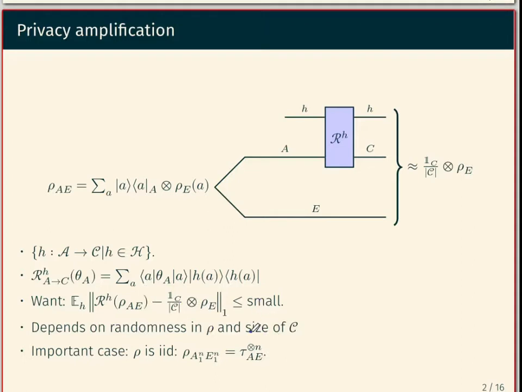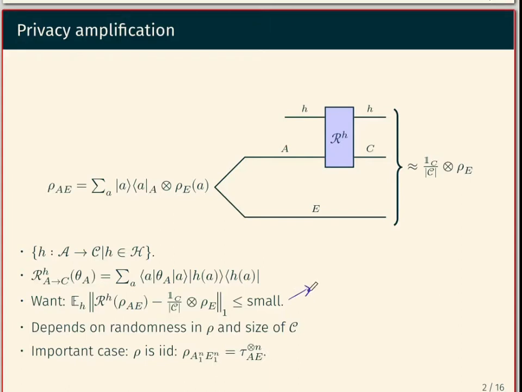And what do I mean by small? Well, it's going to depend on two parameters. First of all, it's going to depend on how much randomness there is in A given E here. So there has to be some measure of randomness that's going to come in here. And it depends on how much key we hope to extract out of it. So the size of the output of the hash function here is going to play a role. Right?